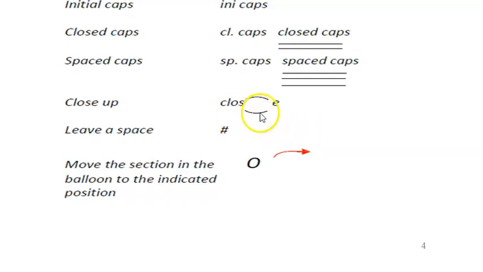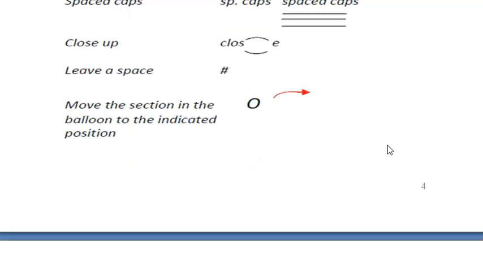Close up means that these two are too far apart, too much space. Close it up to make it one word. So this should be the word CLOSE. Alright. Leave a space. This hashtag is the space, the manuscript sign for space. Alright. Is this circle? This is a balloon. So this would be around a word or some words with the arrow showing you where it should go.